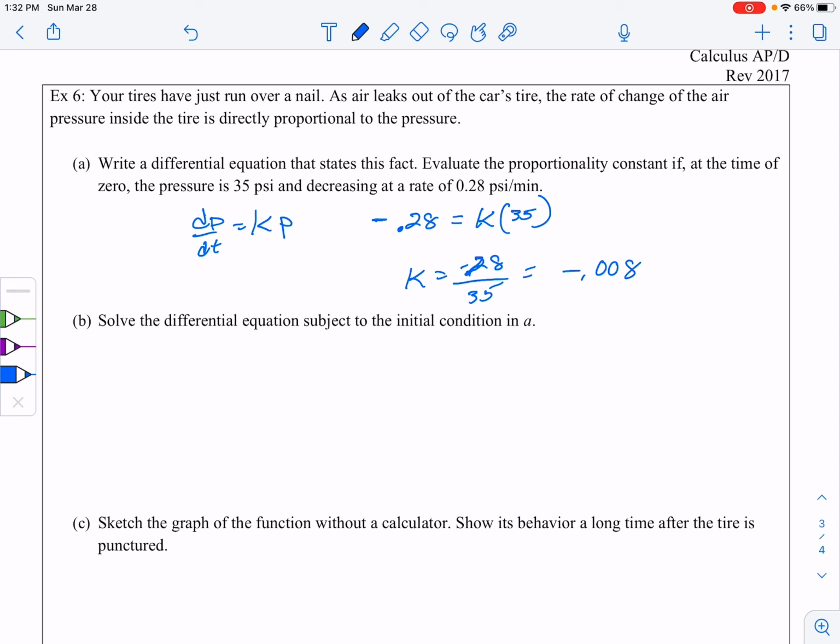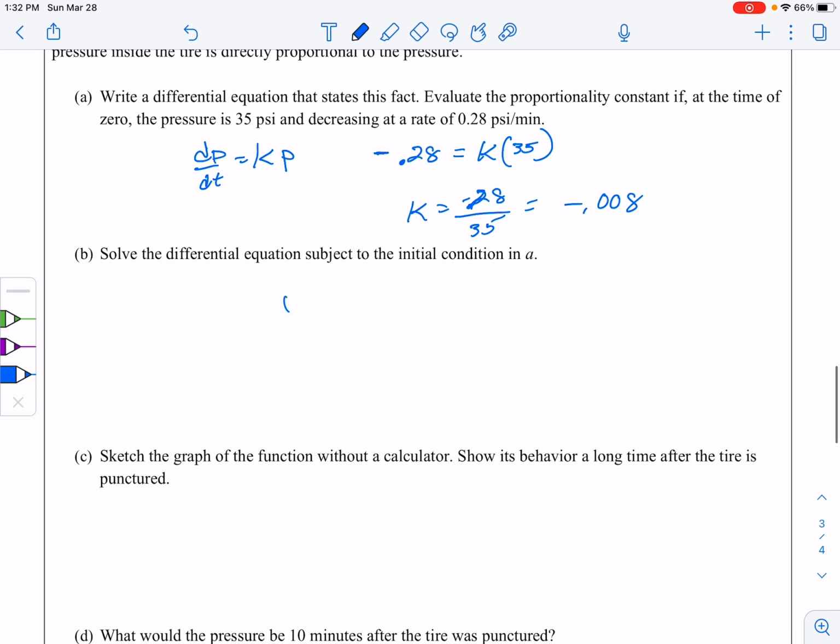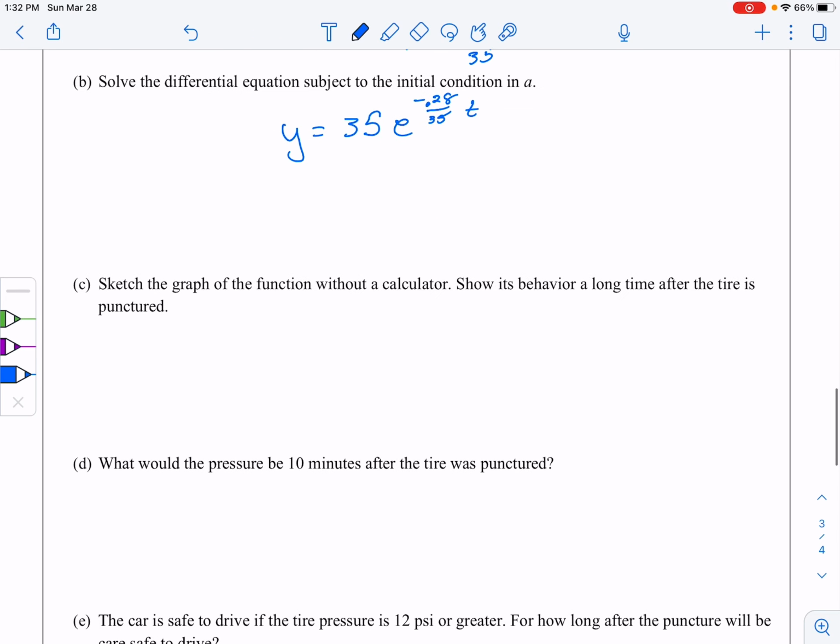Solve the differential equation subject to the initial conditions. So y is equal to the initial amount, e raised to the k, and if you leave it at negative 0.28 over 35, it's always exact, times t. Sketch the graph without a calculator.